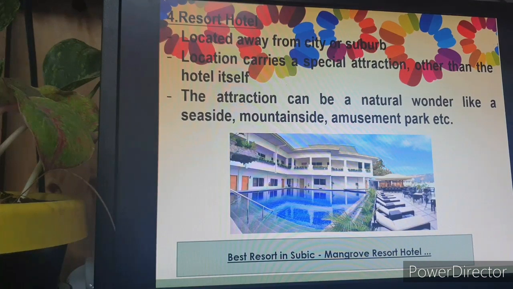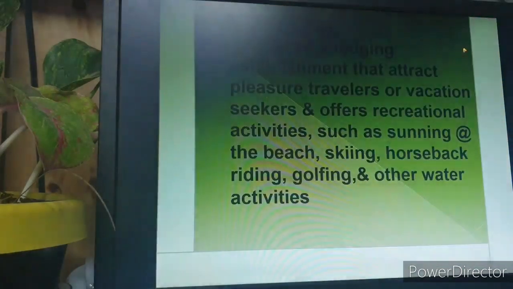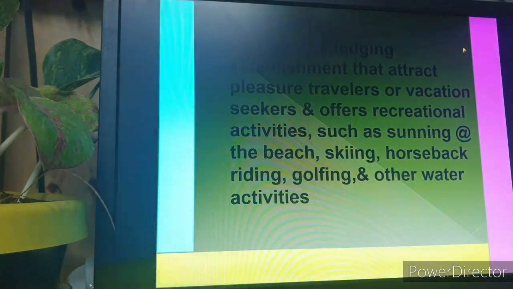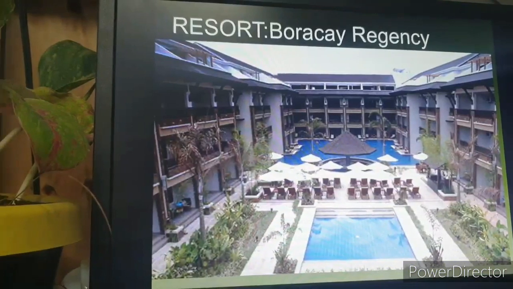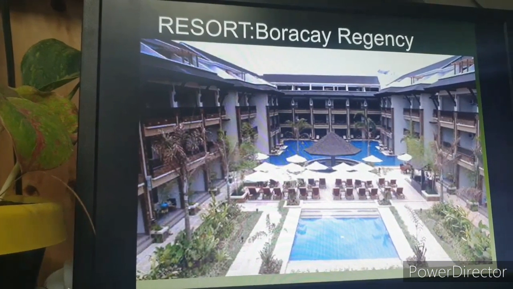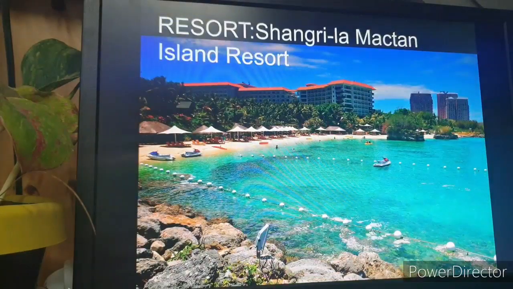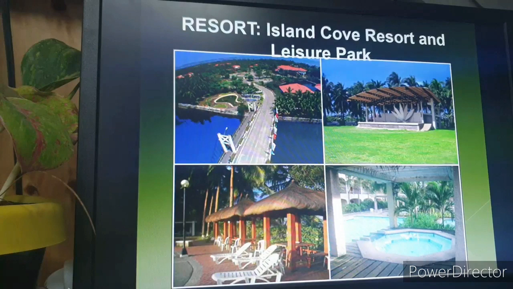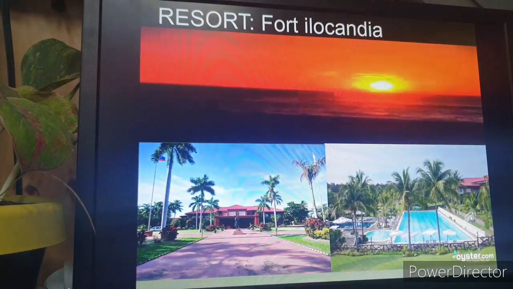There are 10 classifications of hotel pertaining to the types of service. Let's start with number 1. We have another example of the one that we discussed a while back, the resort hotel. We have Boracay Regency, Shangri-La Mactan Island Resort, Island Cove Resort and Leisure Park, Fort Ilocandia.